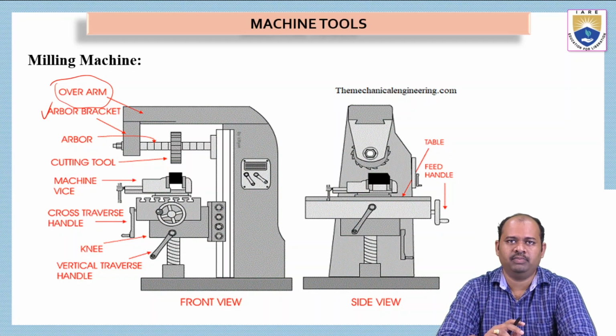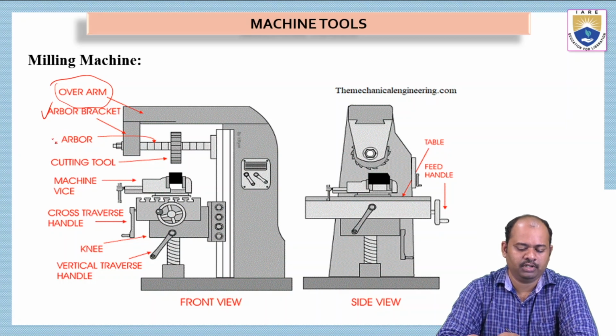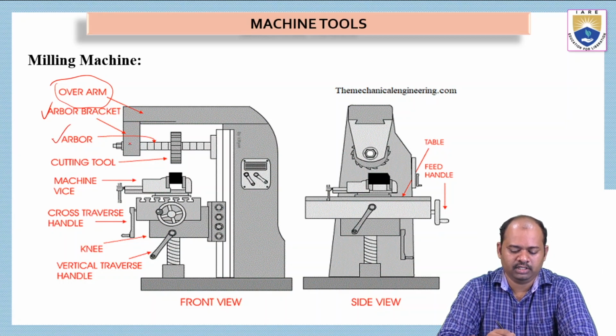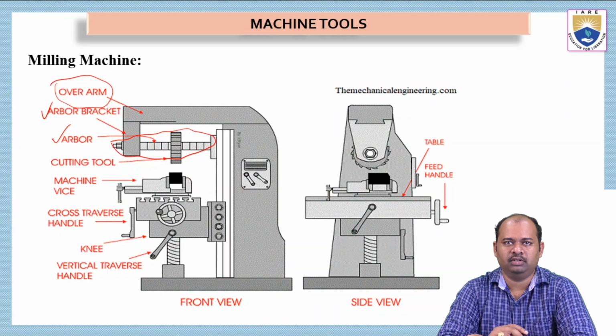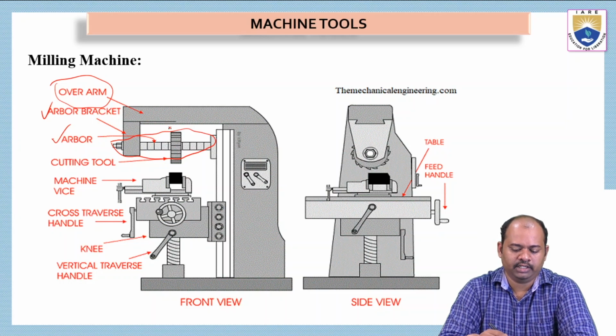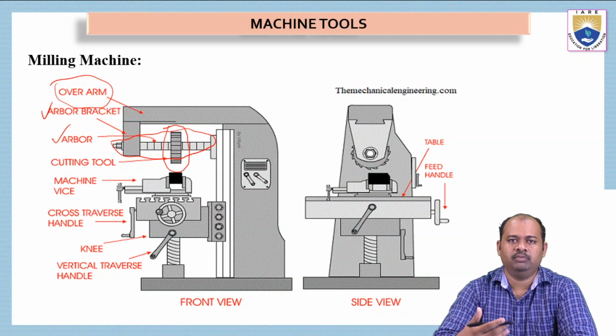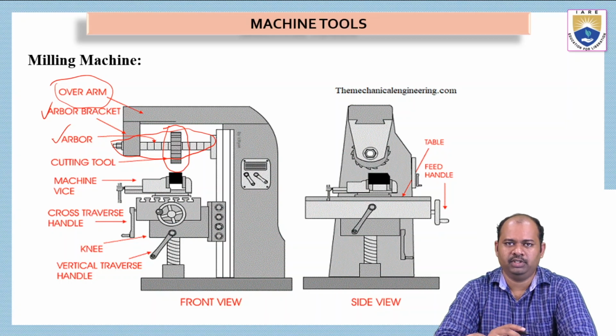And then we have the arbor. The arbor is this central cylindrical rod on which a tool is attached. And then we have the cutting tool, which is responsible for removing the metal from the workpiece.